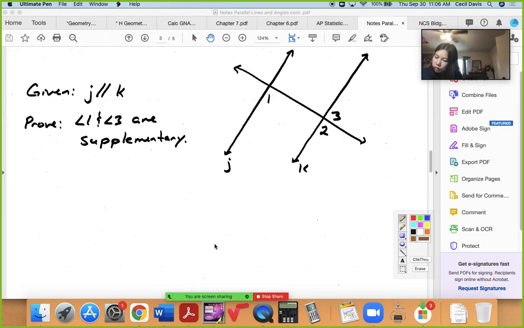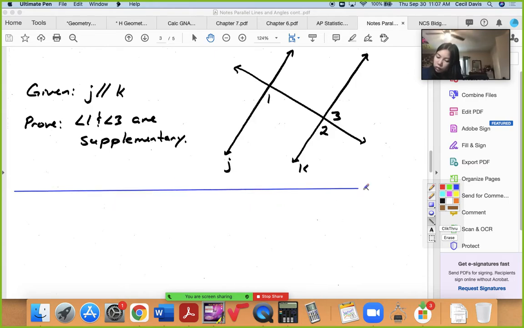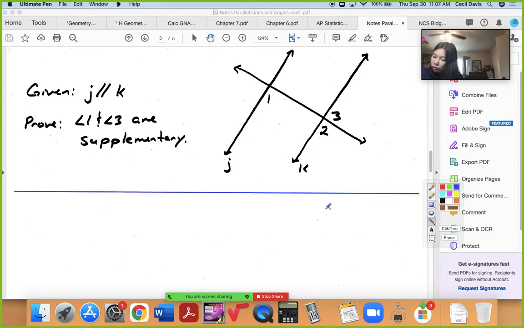All right, so in this diagram, we've got that J is parallel to K, and we want to prove that angle 1 and angle 3 are supplementary. So that's going to be a little different than the last one. We'll do a 2-column proof on this one, and then on our next example, I'll show you a different format.